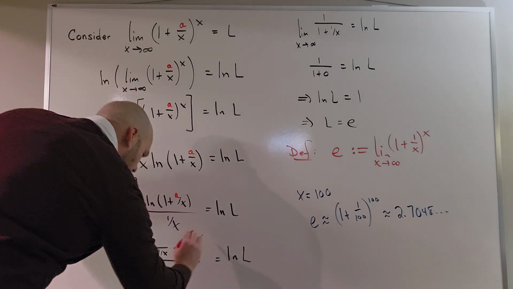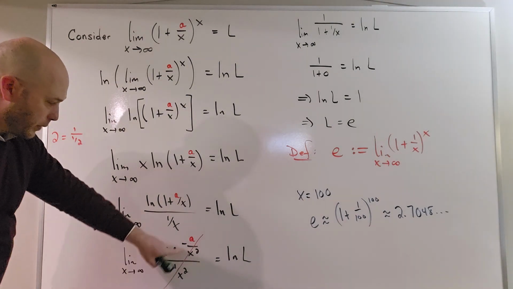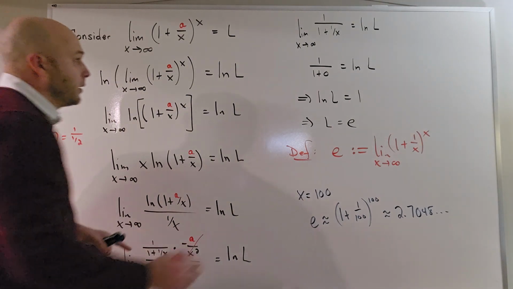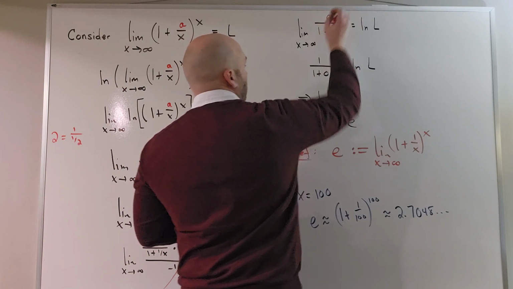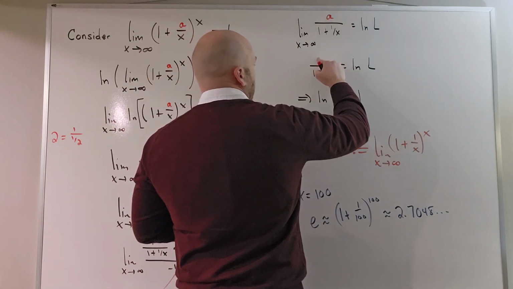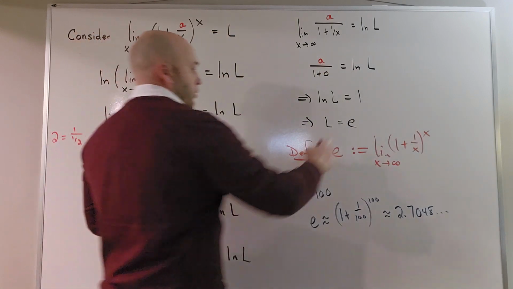Negative 1 over x squared still cancels, but the a does not, meaning this would be a.